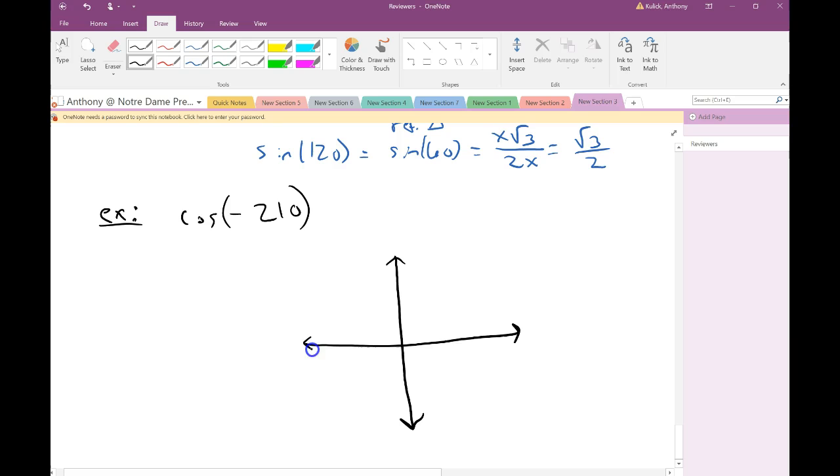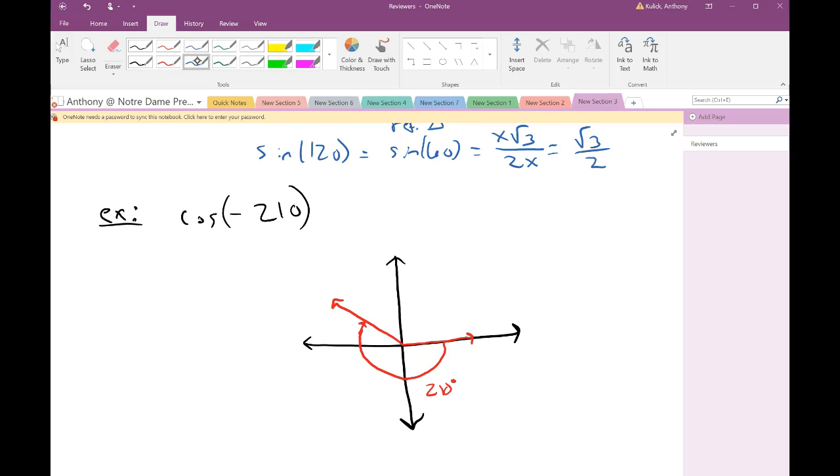So what I want to do is I'll start by drawing my xy axis and drawing in my negative 210 degree angle. So again, we always start on the positive x-axis. And since we're negative, which direction are we going? Clockwise. So we go 90, 180, and then like 30 degrees more. So there's my 210 degree angle.